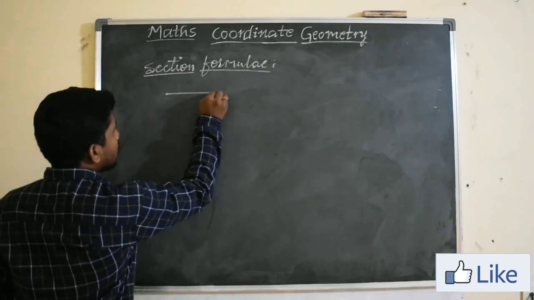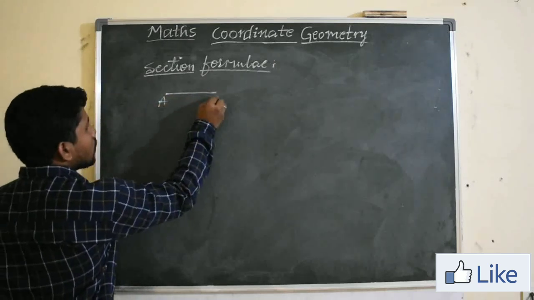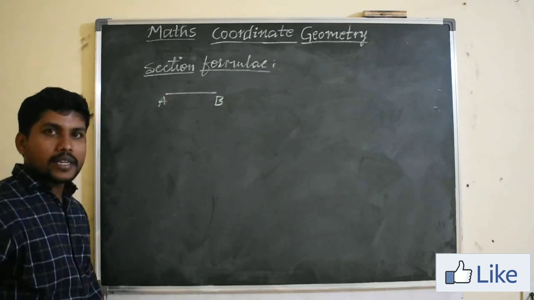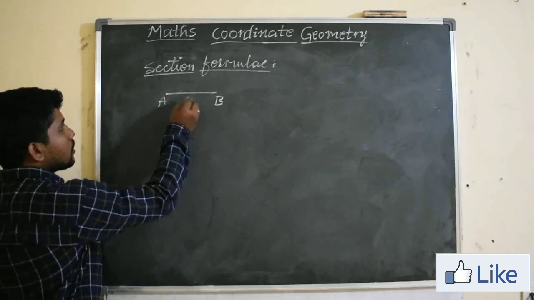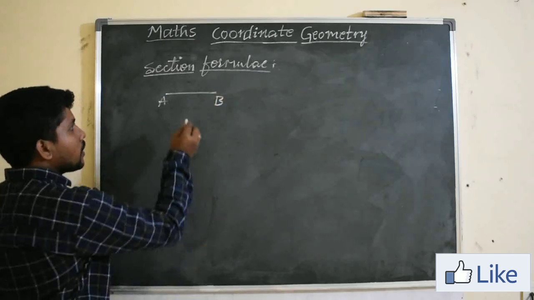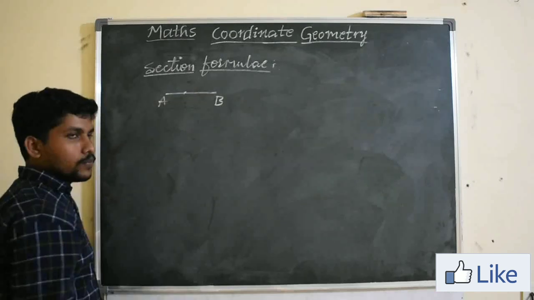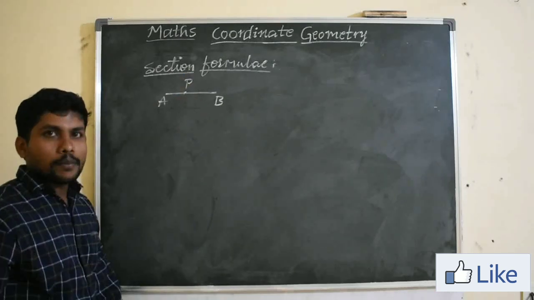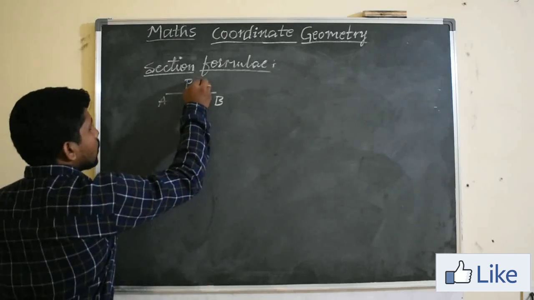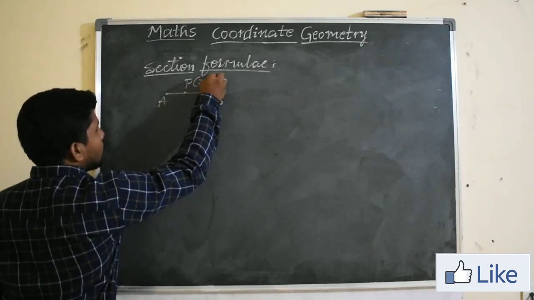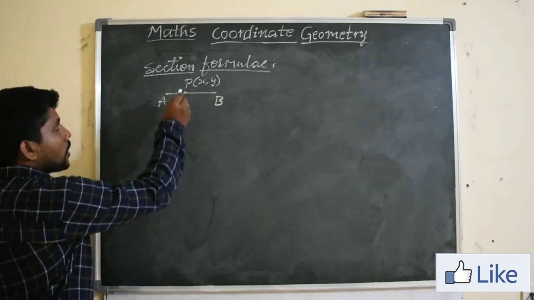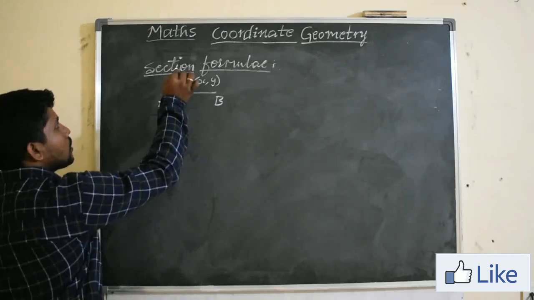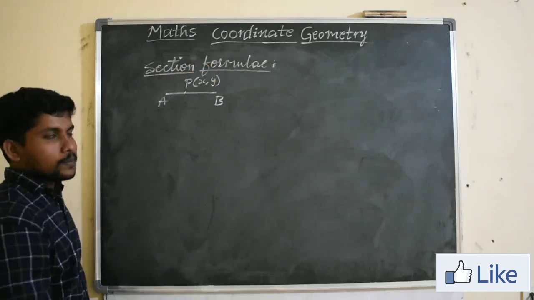Suppose a line segment joins two points, which we take as A and B, and this line segment is divided into two parts by a point called P. To find the coordinates, that is the x comma y values of the point P, we are going to use this section formula.